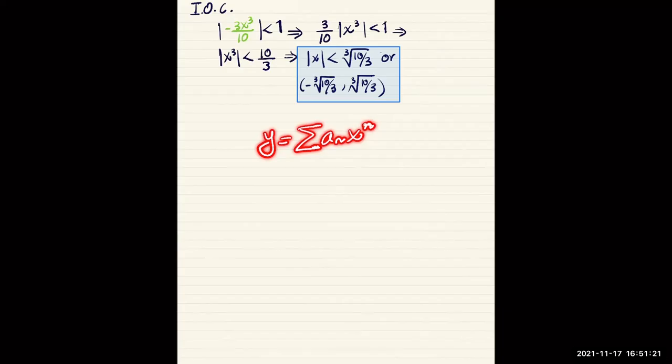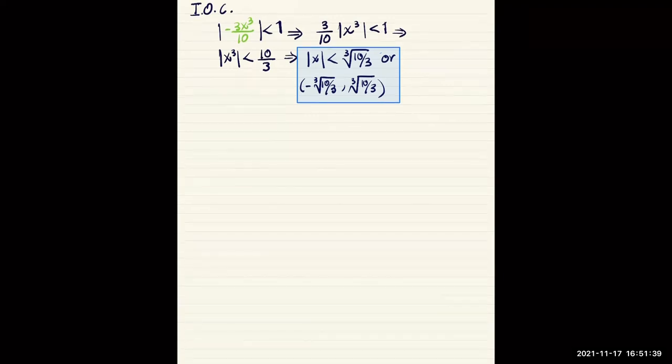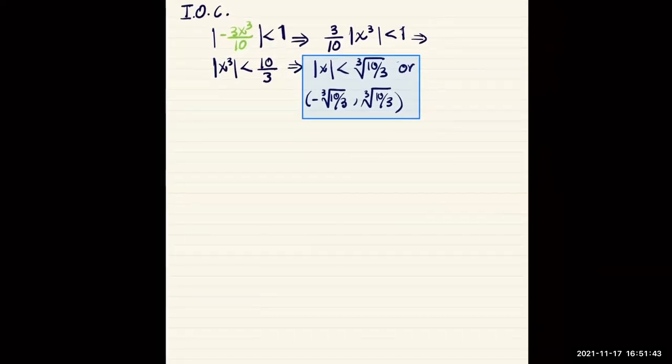And instead of finding dy/dx directly, you find the derivative of the power series. We differentiate the power series to find dy/dx. You'll see that when you move to Math 15. A power series is a function of x. It involves x, so we can differentiate it, we can integrate it.